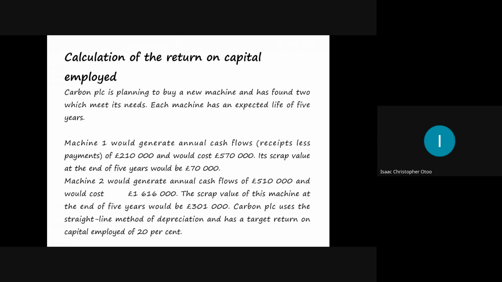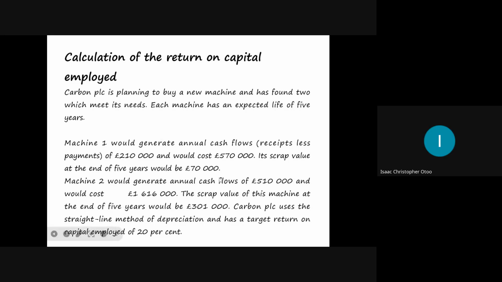Then it says the cost is the same as initial cash flow. But here, depreciation. Its scrap value at the end of the 5th year will be 70. So always the scrap value is served as depreciation. So each year's depreciation is 70,000. So what will be the total depreciation? 350,000.